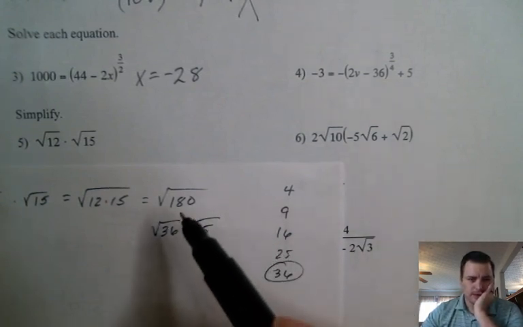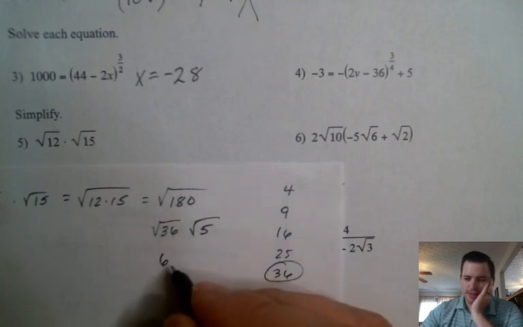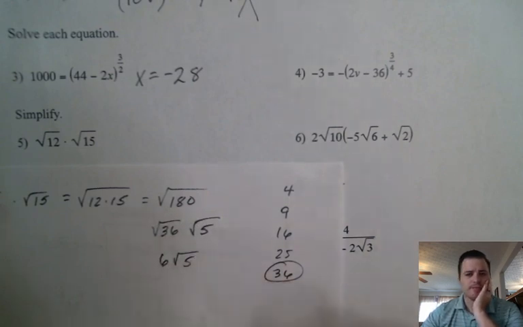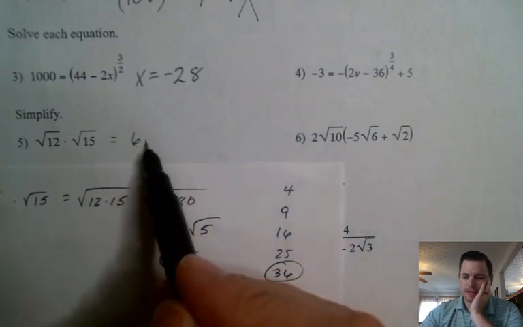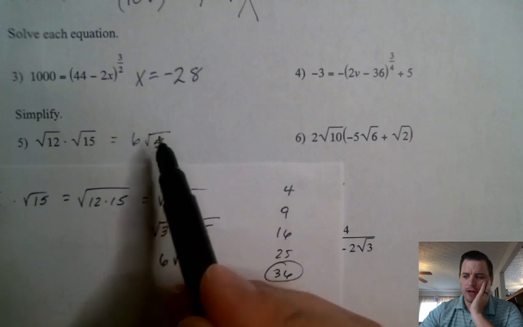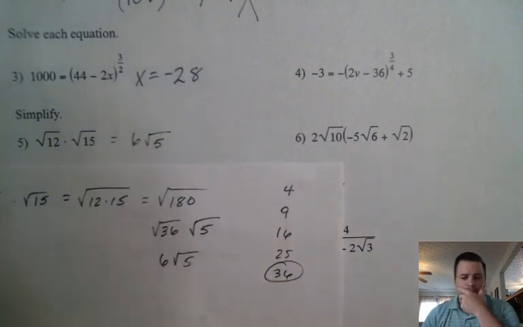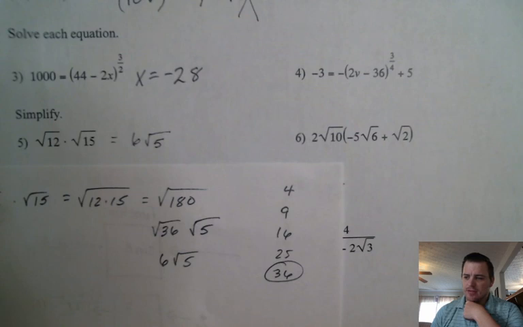And then the square root of 36 is 6 radical 5. So the answer to this right here is 6 radical 5.